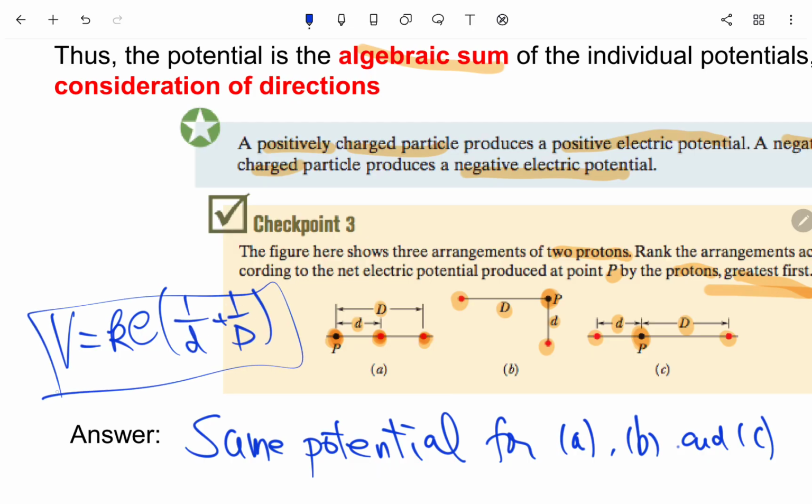So this is for all three cases. The two terms are just added together as a scalar sum, so it doesn't relate to the direction. But of course, only for that point P. For other points, they are different.